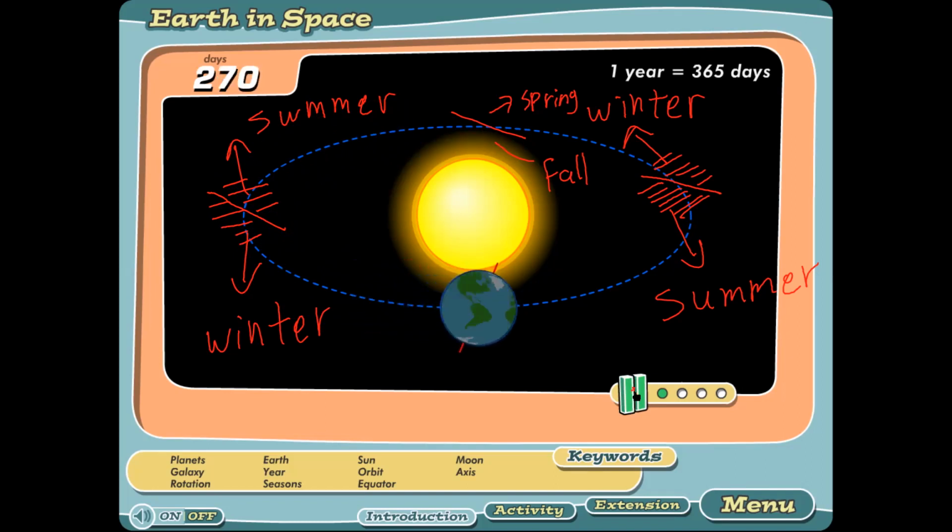Like this position, the two parts of the Earth receive the same amount of light because the light falls perpendicular on both sides at the equator. So this part has fall or autumn, and this part has spring.